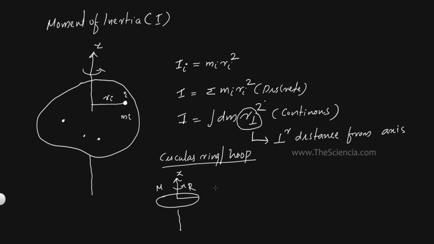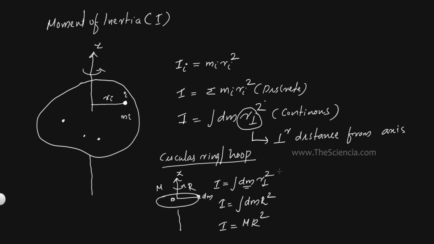Now what is its moment of inertia? That is I equal to the integral of dm r perpendicular square. So what is the dm element? Substituting these values, I is equal to the integral of dm r square. So we get I equal to m r square. Here I considered the reference point as this one.